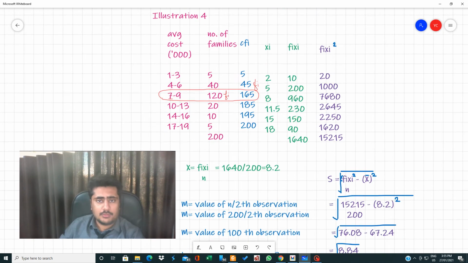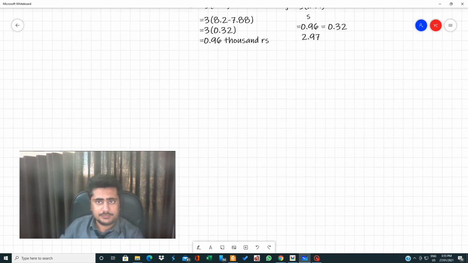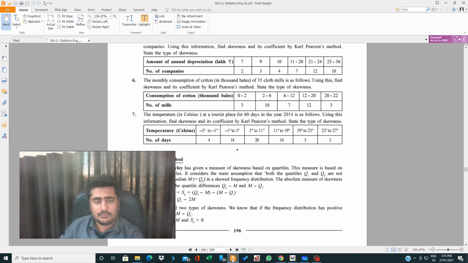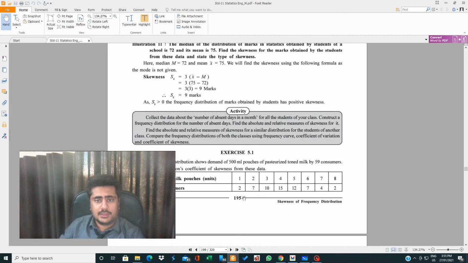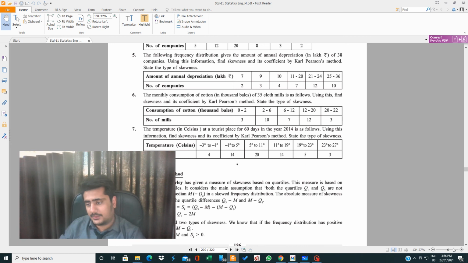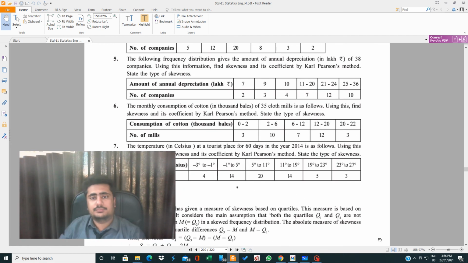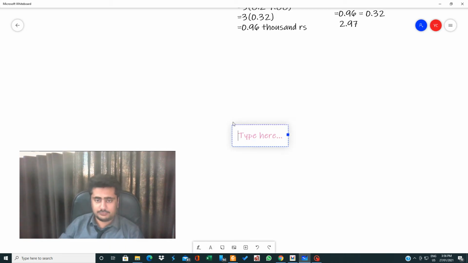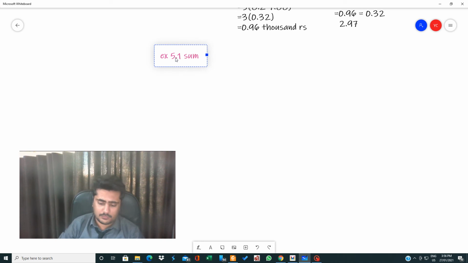We have solved illustration number 4 in the last lecture. Now let us do exercise 5.1, sum number 6. Let me read the question.